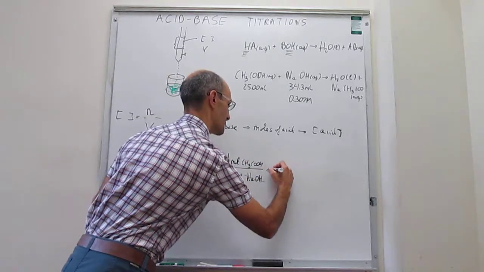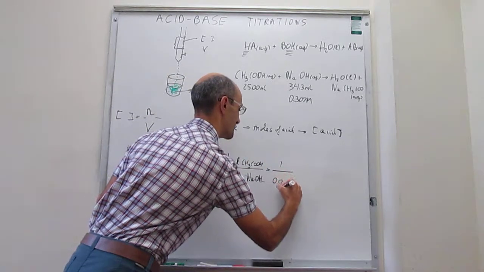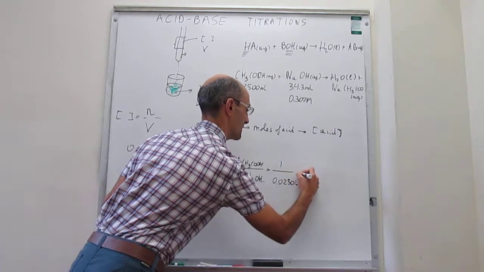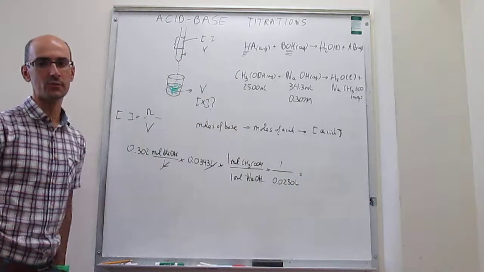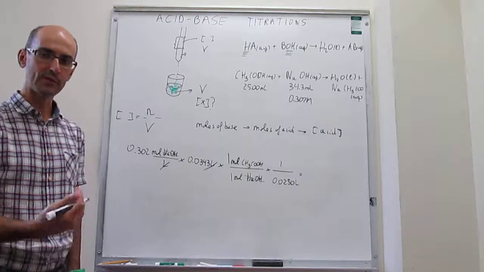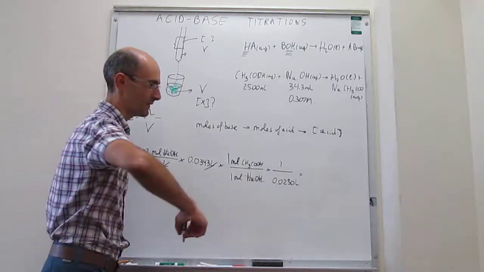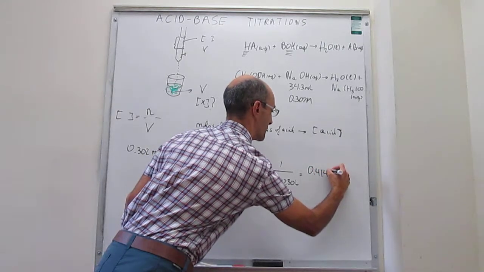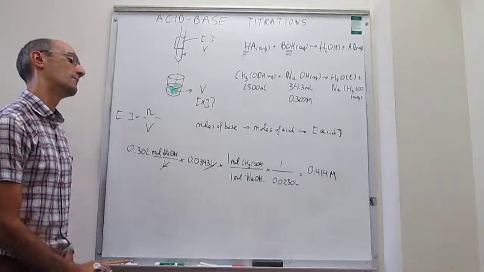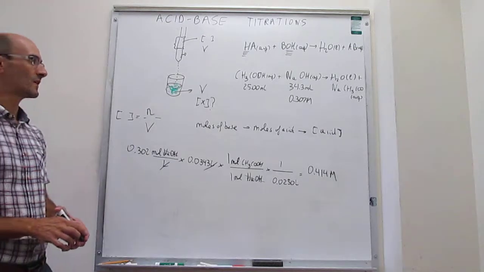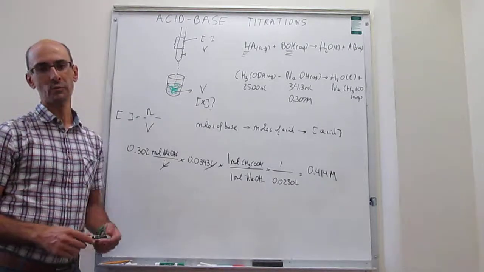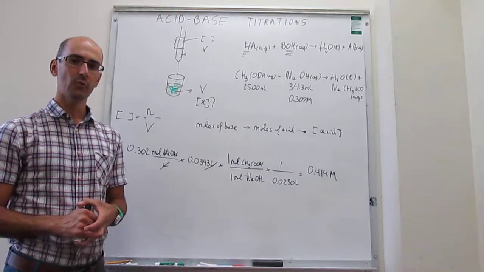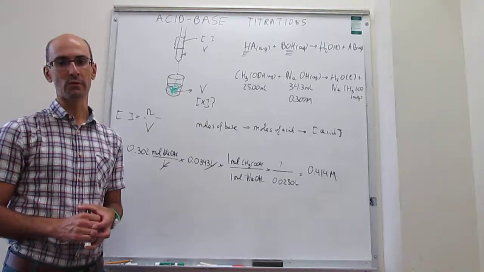Again, here we also have to use liters so that the units of the molar concentration are molarity. You type this in your calculator and you find that the solution is 0.414 molar concentration. So this has been a video in which we have explained the concept of an acid-base titration, and we have solved a numerical problem to illustrate it.